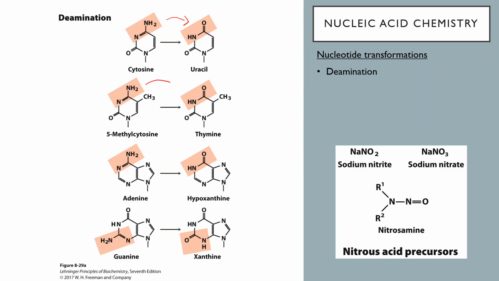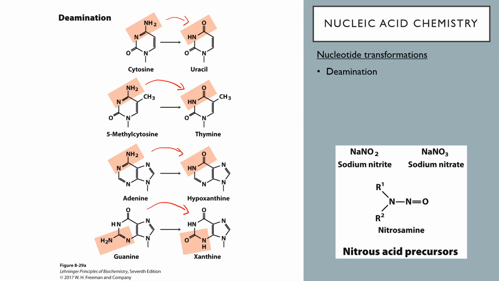Methylcytosine, also methylated cytosine, if it gets deaminated, it becomes thymine, because of course thymine is just methylated uracil. And then the purines also can be deaminated. So deaminated adenine we call hypoxanthine, deaminated guanine we call xanthine. But all of these can cause mutations because all of them have different base pairing properties than their originals.